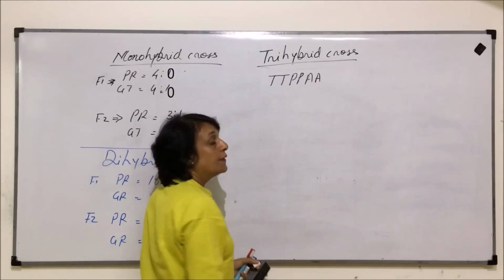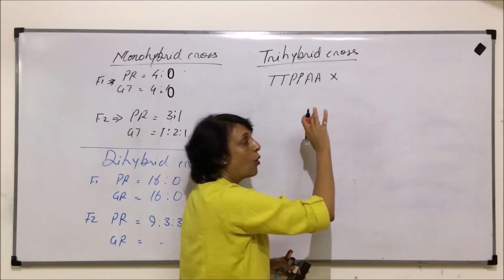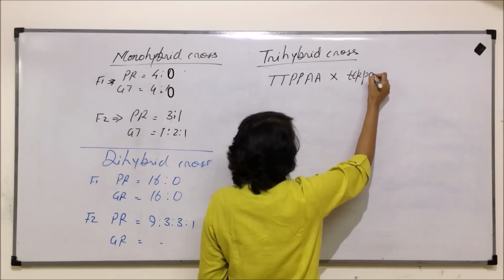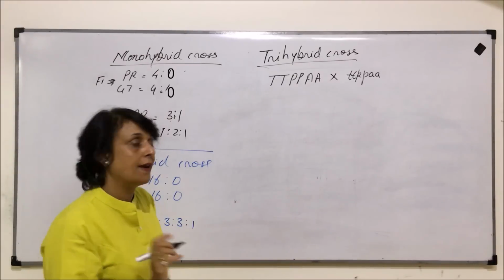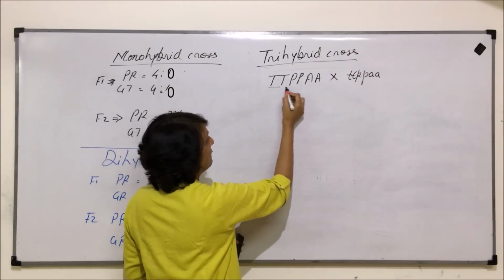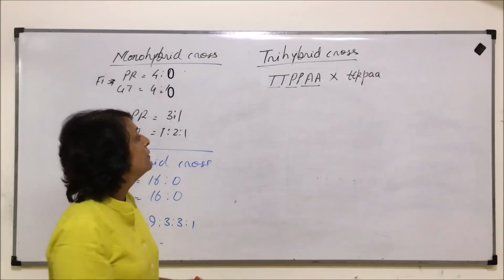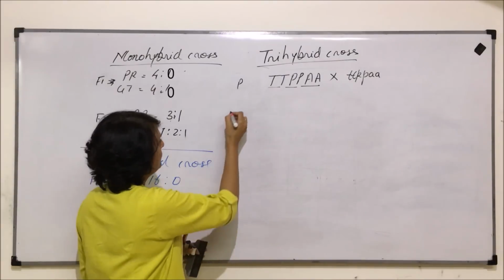Axial position of the flower crossed with pure recessive for all 3. That means short with white flower and with terminal position of flower. So we have taken 3 traits. We have taken height, we have taken color of the flower and we have also taken the position of the flower. This becomes our parent generation.